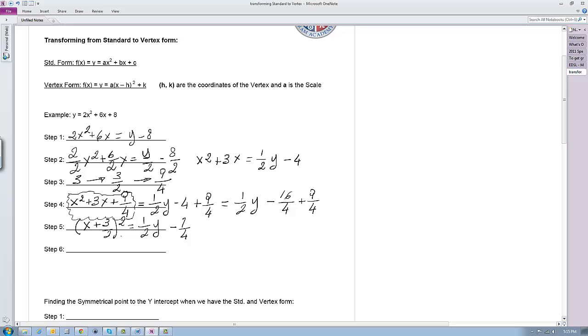Here you go. I have basically completed the square here, and I have a square binomial. The transformation is basically over.